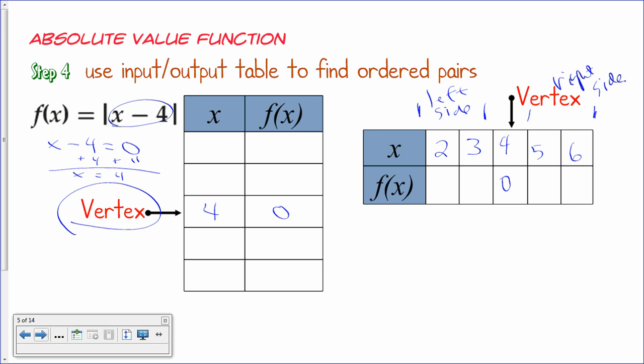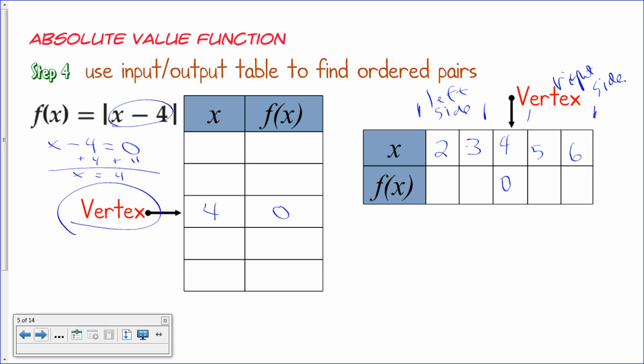Now, do I need to solve this for both sides? What do we say? It's a reflection of each other. So my left side is going to be the same as my right. Do I have to work both sides? I just need to work one side, don't I? You see what I'm getting at?